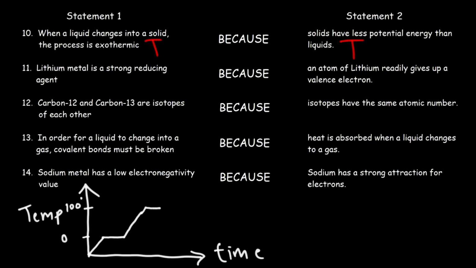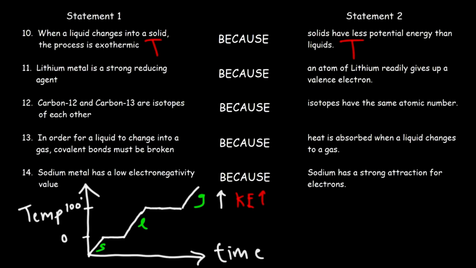So they're going to go from liquid to gas. Now, once all of the liquid molecules have been converted to gas molecules, the temperature will increase again. So here we have a solid, liquid, and a gas. Now, what you need to understand is that whenever the temperature increases, the kinetic energy of the molecules is increasing.